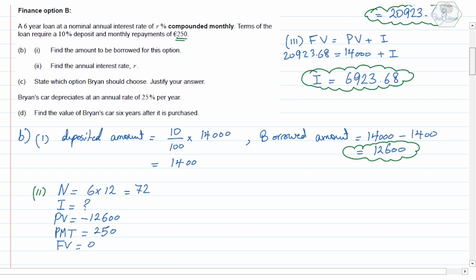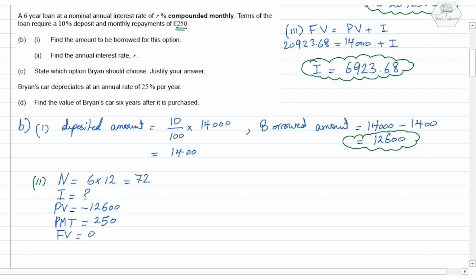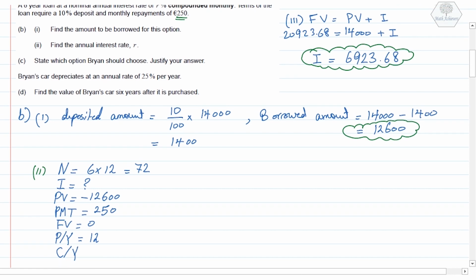And we have payments per year equal to 12 since they are monthly payments, and the compounding per year is also equal to 12 because it's compounded monthly.